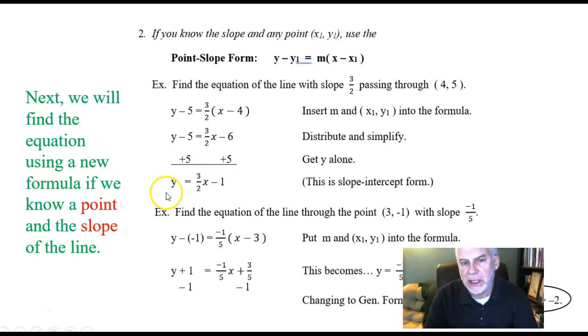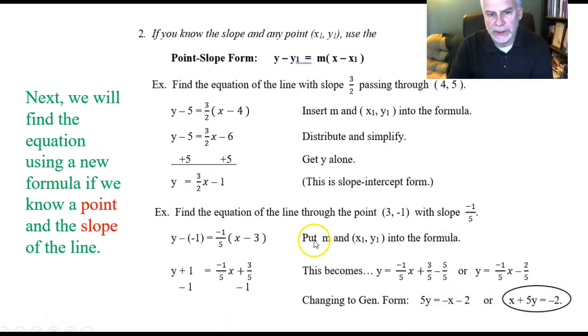That is the equation of the line that has slope 3 over 2 and passes through the point 4, 5. Now, if you don't believe us, you can plug 4 and 5 into that equation, 4 for x and 5 for y, and you'll see that the left side equals the right side. So it'll work out. That's the slope-intercept form of the line.